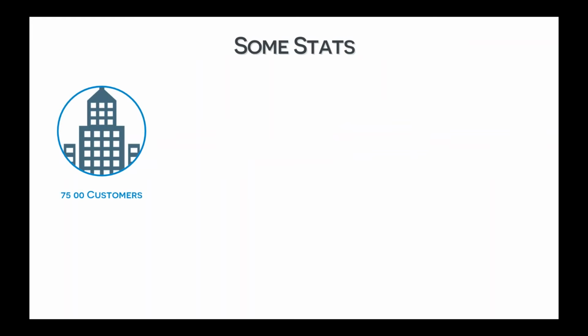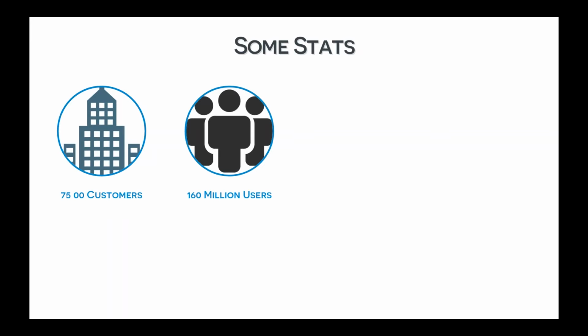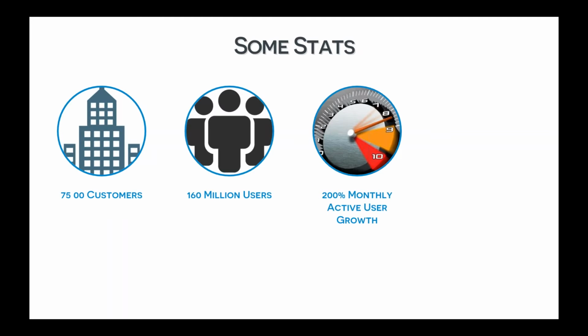Some small statistics. There's actually a small error on this slide. There are 75,000 enterprises who currently use SharePoint in the world for a total of 160 million users. So that's a lot of users. If we look at SharePoint Online, 200% monthly active user growth on SharePoint Online and OneDrive for Business.